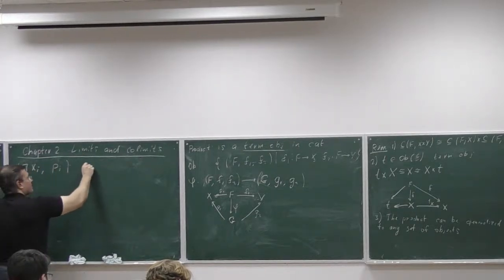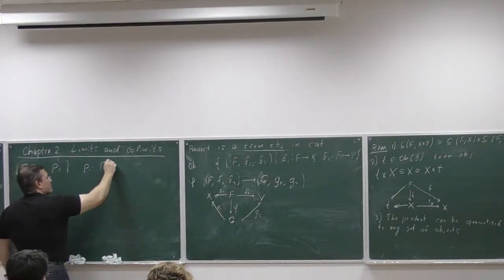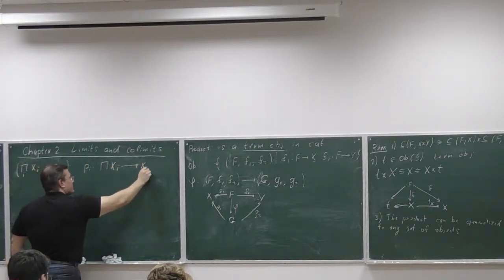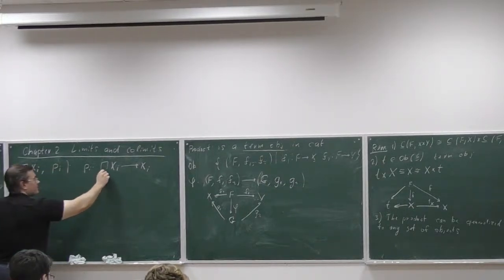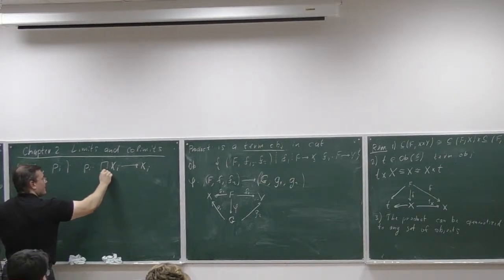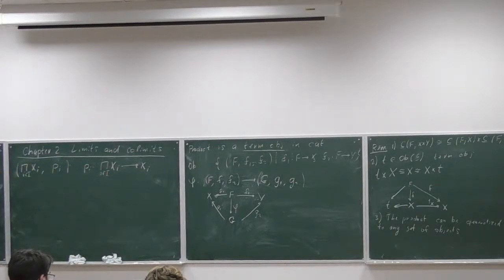Here, phi_i is the map from the product to the X_i, and little i is in some set I. We just repeat everything. There is a universality property, there is a corresponding category, it will have a terminal object, and so it's unique up to unique isomorphism. So let's do examples.